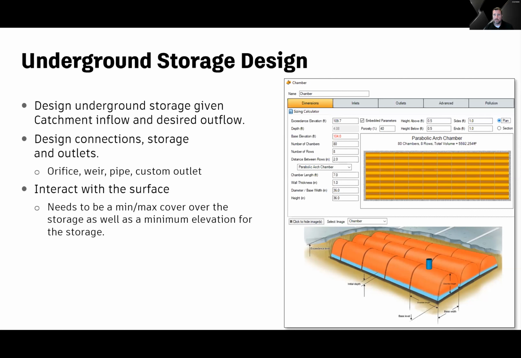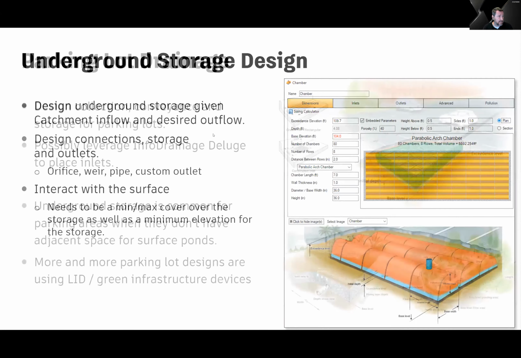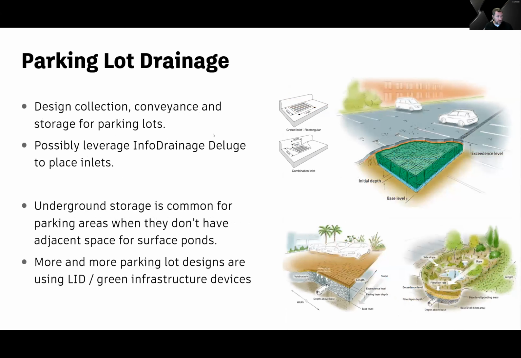The second question is the potential for Info Drainage in combination with the Deluge tool to provide the best or recommended design path. Yeah, that's what I was getting at, leveraging that tool to help with this.